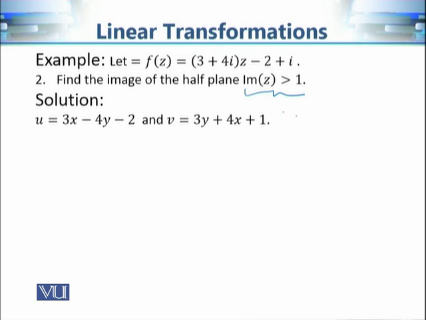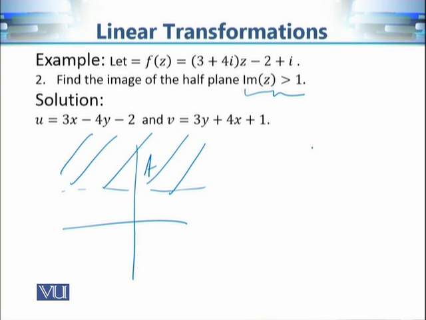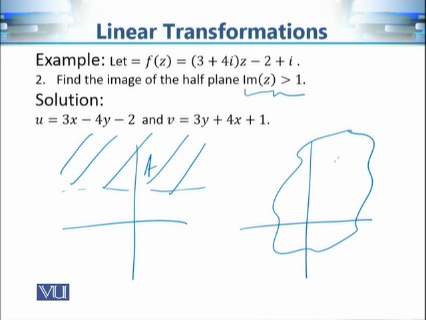Now once again, we want to calculate the image under this linear transformation of this set. Let's say this set is A, which is the half plane. We don't know the answer yet, so we want to know what this f of A is.